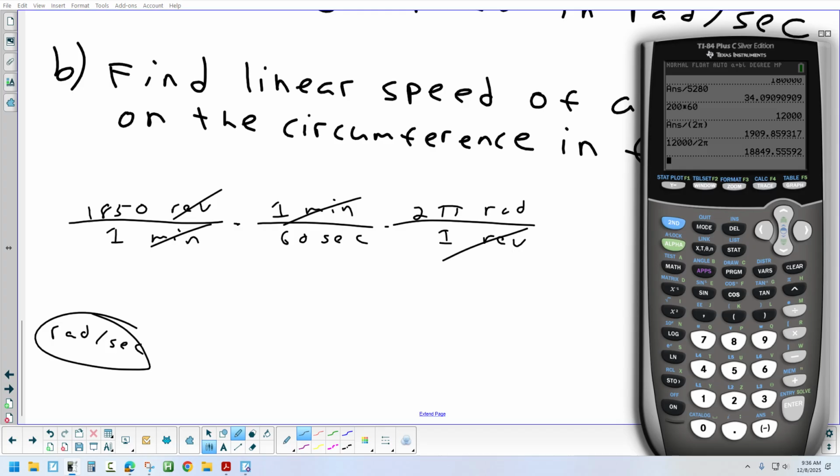All right, so we've got 1850 times 2 pi. You don't need parentheses around the 2 pi there because there's no division happening. It's just going to multiply straight across, and it'll handle that fine. And when you divide by 60, that's just a single factor, so you don't need parentheses there either. So it's 193.73.